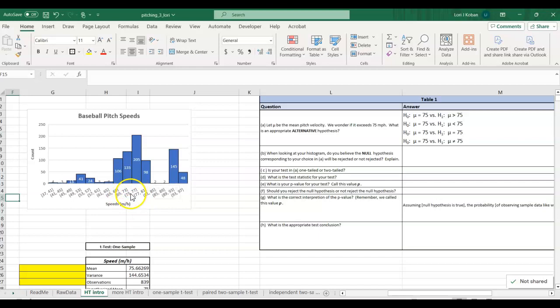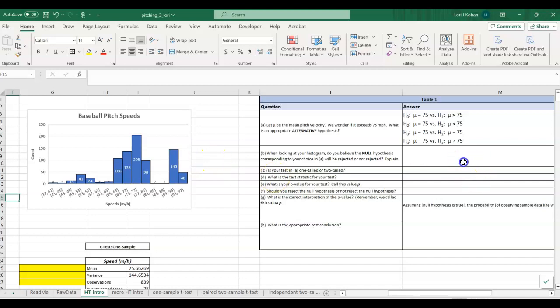So 75 miles per hour is in here. Do I think the mean is bigger than that? I don't know. It sort of seems like it's in the middle. So I don't know that there's any convincing evidence to think that the mean is bigger than 75 from this histogram.